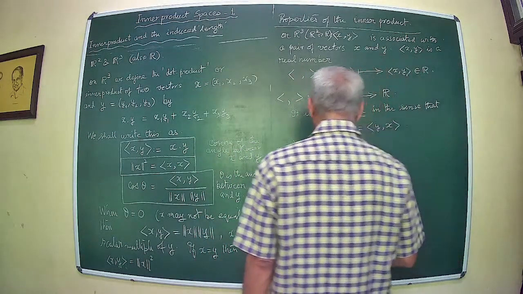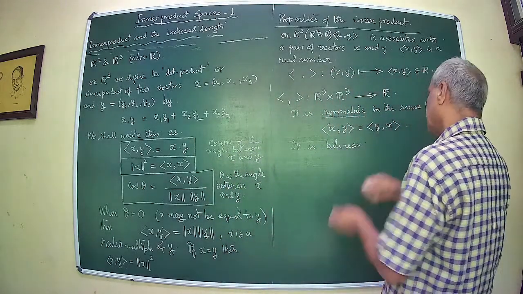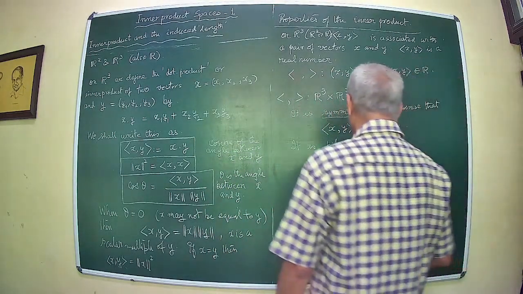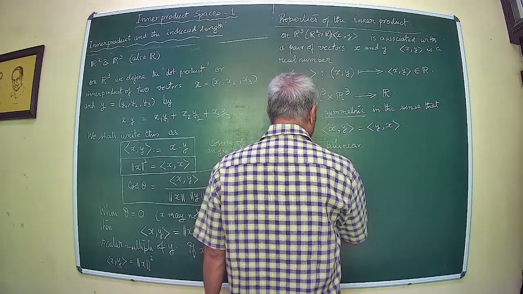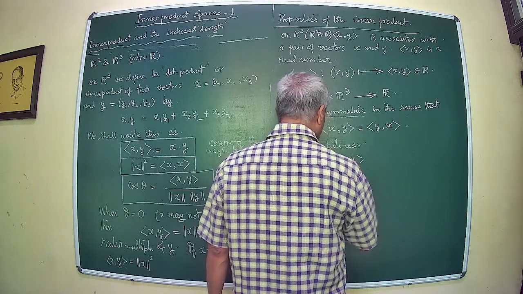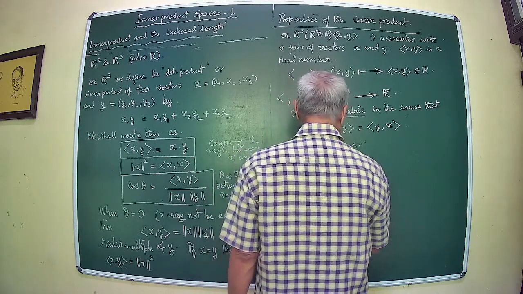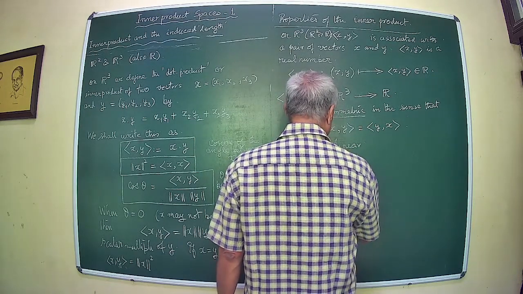Bilinear in the sense that it is linear in the first variable, and also linear in the second variable. That is, you have, these are not components, x plus z.